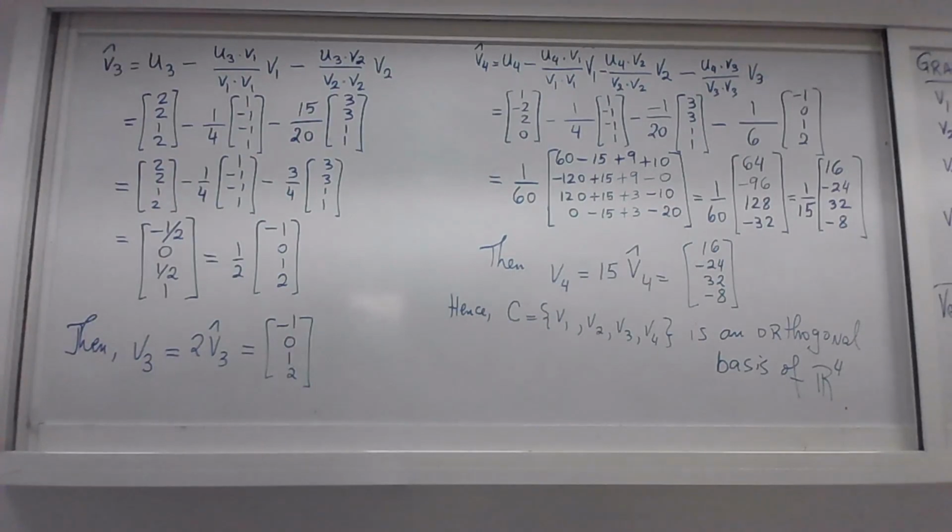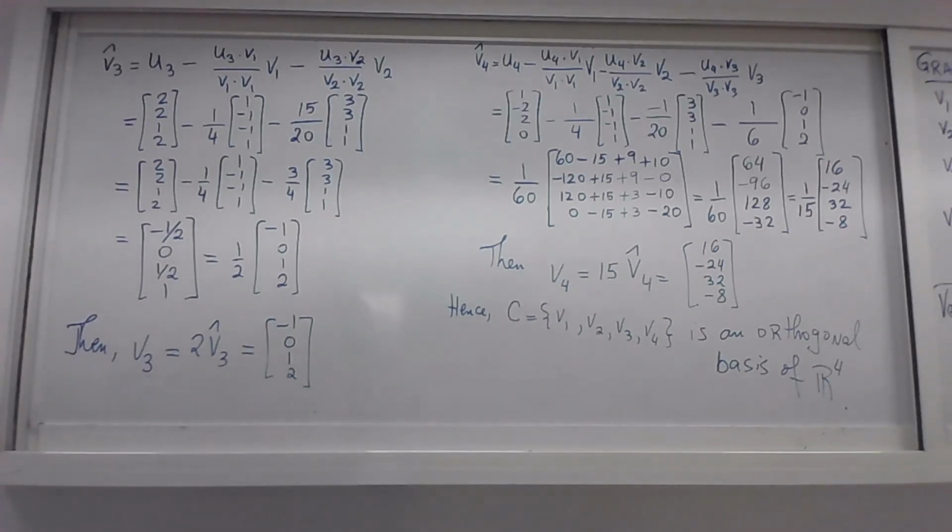And the second benefit of an orthogonal basis is that it's easy to find coordinates of a vector in an orthogonal basis. We saw that previously. We just need to do ratios of dot products pretty much. So that's quite easy to do. It's much easier than solving a linear system Ax equals b.